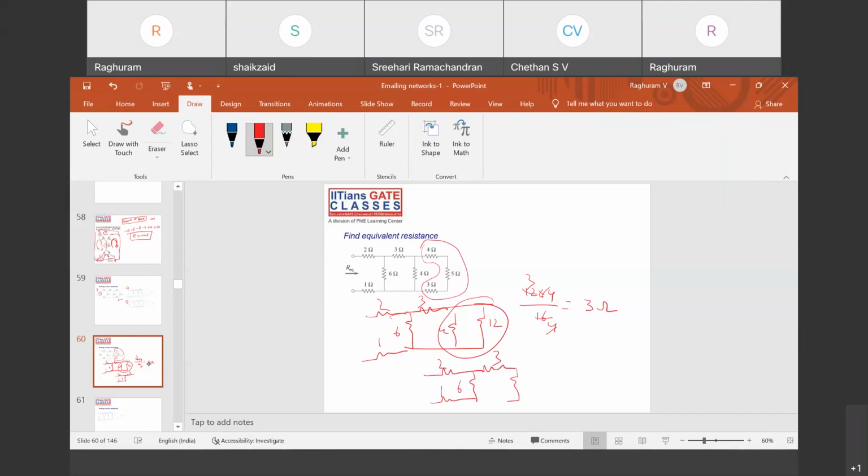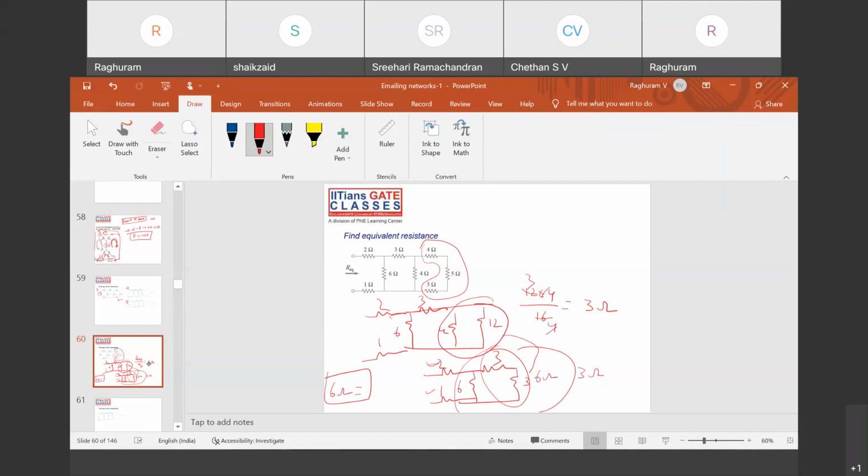So this entire thing will be replaced with 3 ohms. 3 and 3 are in series, so it's 6 ohms again. 6 and 6 are in parallel, it's 3 ohms again. So 3 ohms in series with 2 and 1, you'll get a total of 6 ohms. 6 ohms is the answer.